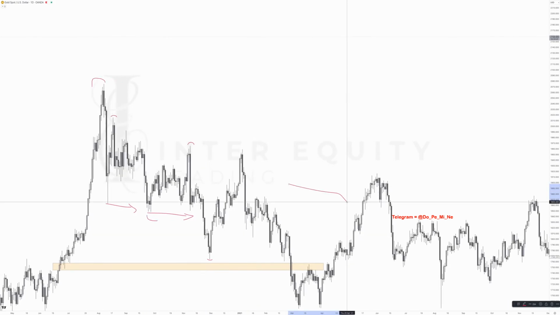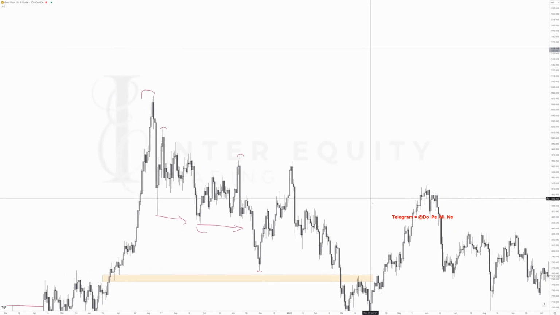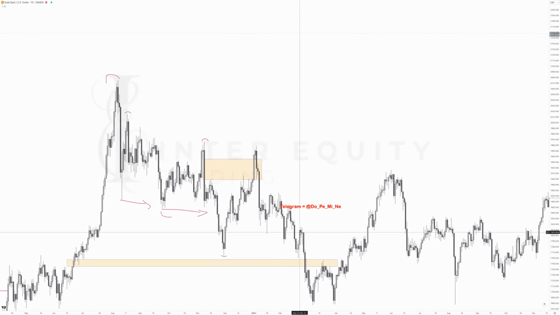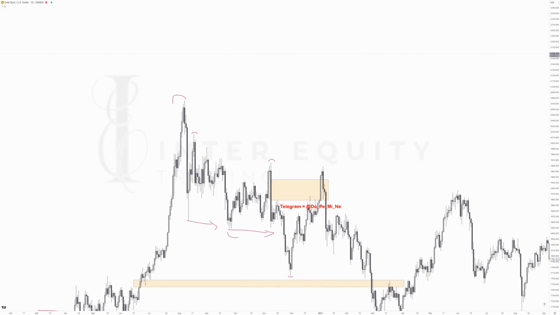And then you'll see that the market pulled back, filling this imbalance, right? And then moving away, okay? Also did the same thing over here. There was an imbalance right here. In the beginning, it filled that up partially, right?